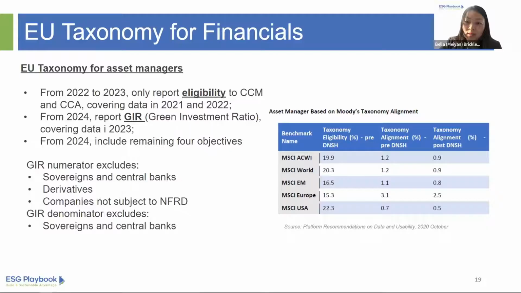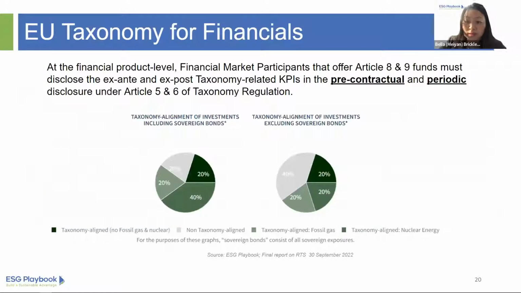Next slide, please. EU taxonomy also interacts with SFDR at the product level according to Article 5 and 6. So this means financial market participants that offer Article 8 and 9 funds under SFDR are obligated to disclose taxonomy-related information in the pre-contractual and periodical disclosure to showcase the contribution to sustainability objectives.